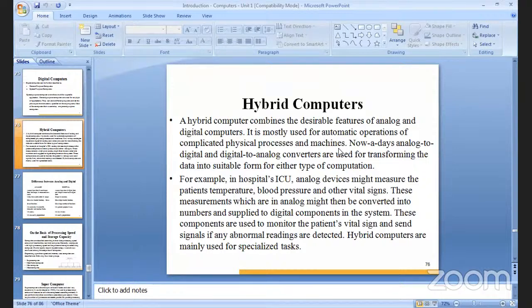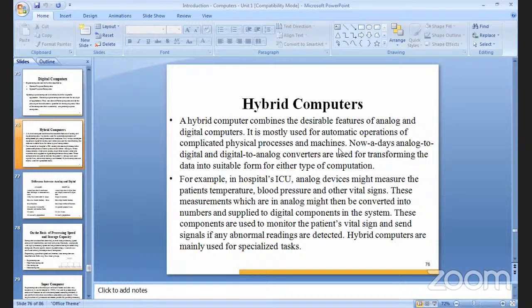For example, in hospital ICUs, we use analog devices. They might measure the patient's temperature, blood pressure, and other conditions. These measurements, which are analog, are then converted into numbers and supplied to digital components within a system.